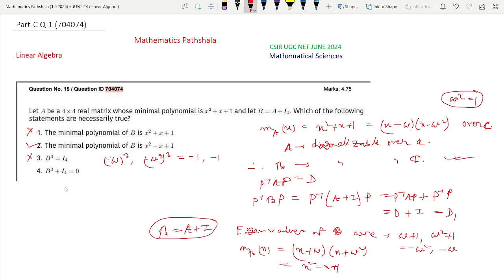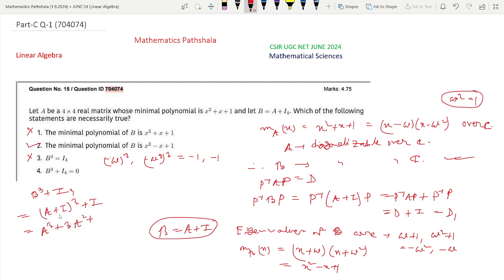Now look at option 4. Simply if we calculate B cube plus I4, then B is actually A plus I4. We are simply writing A plus I whole cube plus I. So simply this will be A cube plus 3A square.